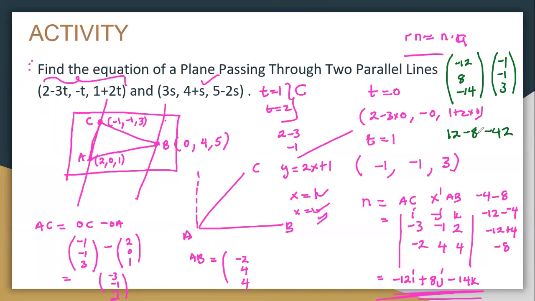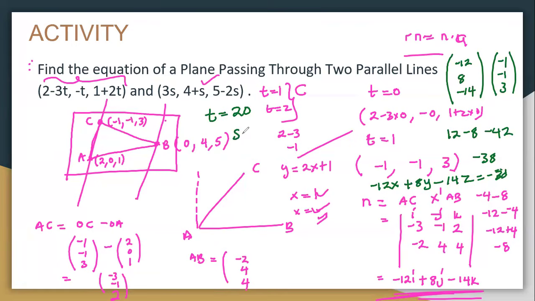12 minus 8 minus 42, you end up with negative 38. So it's the same, then you say negative 12x plus 8y minus 14z is equal to negative 38. You get the same answer. Even if someone had said let my t equal maybe 20, it is okay.